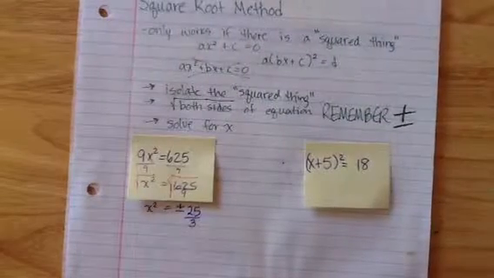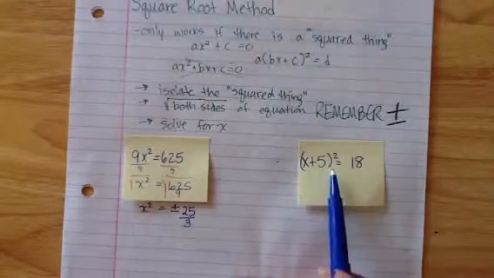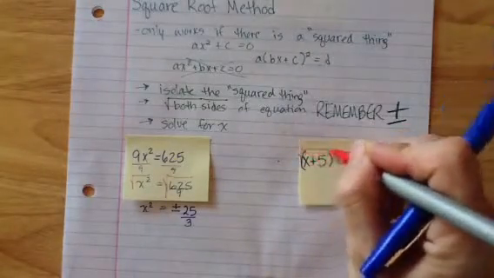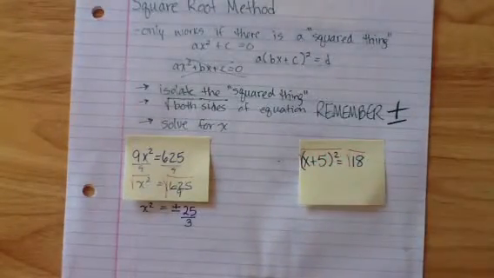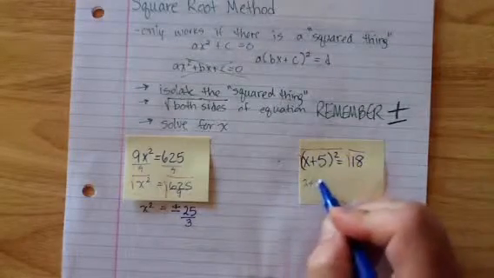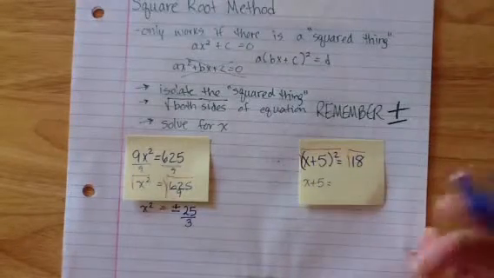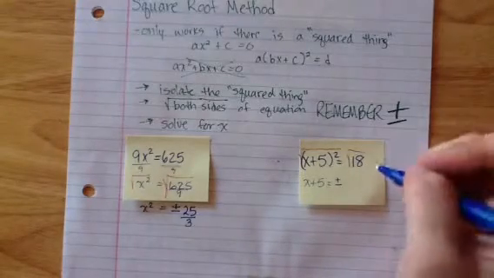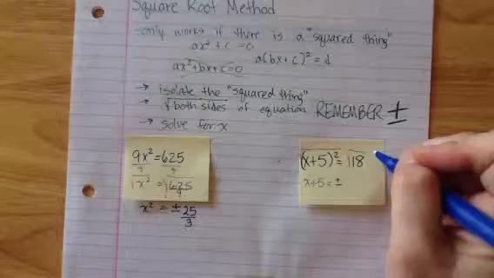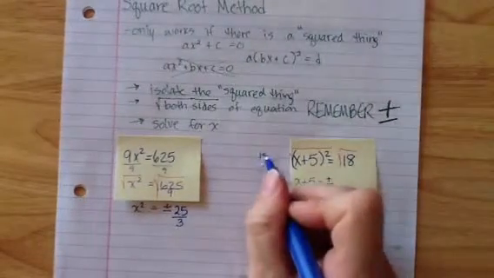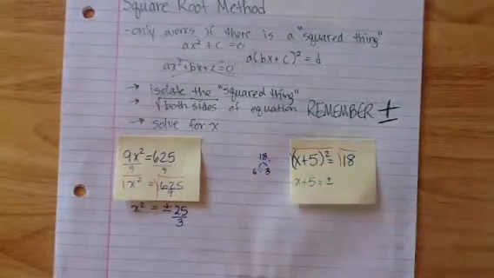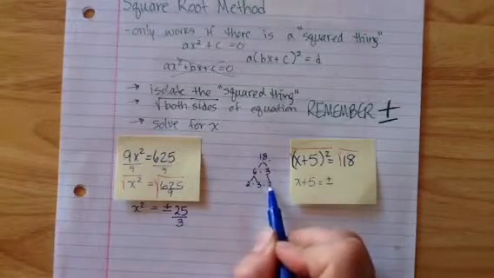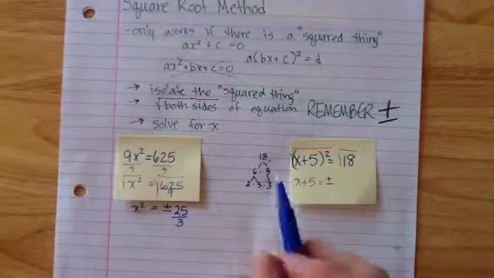In our second example, the squared thing is x plus 5 squared. It's already isolated, so we can go ahead and take the square root of both sides right away. And that gives me x plus 5 on the left side equals plus or minus, and then 18 is not a perfect square, but it breaks down into 6 times 3, and then 6 breaks down into 2 times 3, and then we have times that other 3 from before.